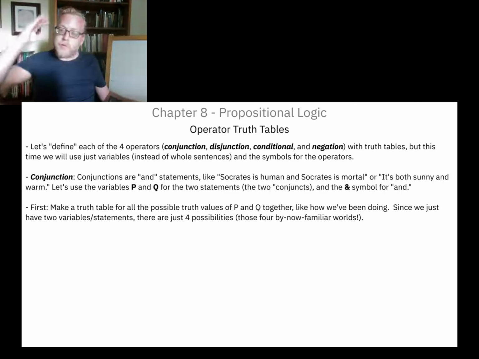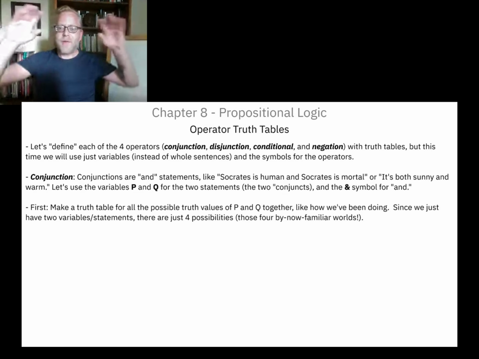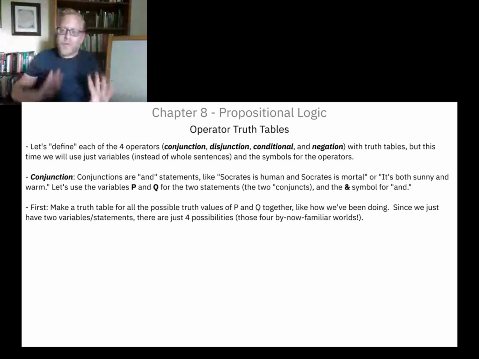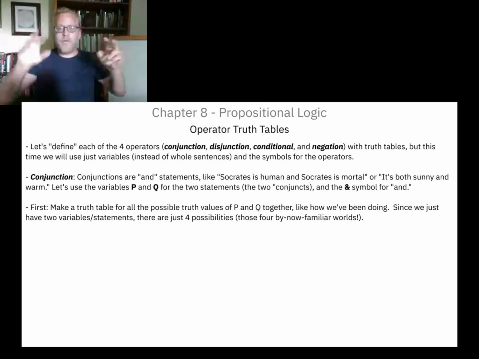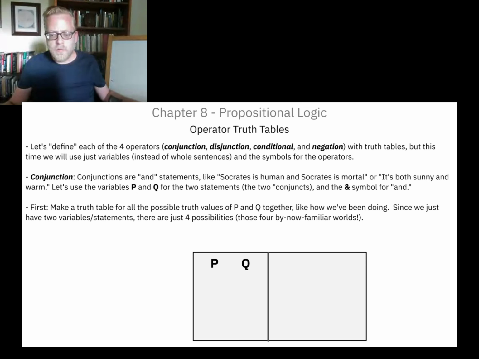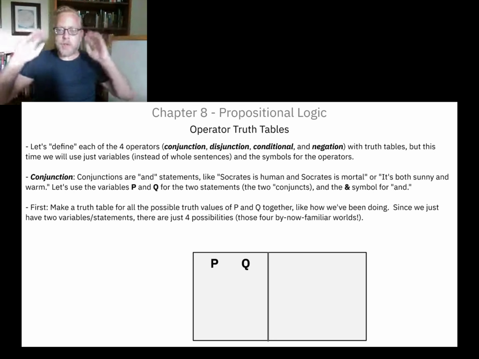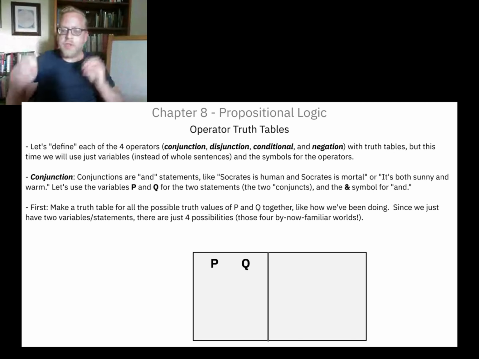And it's going to be those 4 worlds that we just talked about, right? Those should be familiar now. Where world 1, they're both true. World 4, they're both false. 2 and 3, they're both taking turns being true and false. So if I were to tell you, set up a truth table for the conjunction operator, this would be your first step.